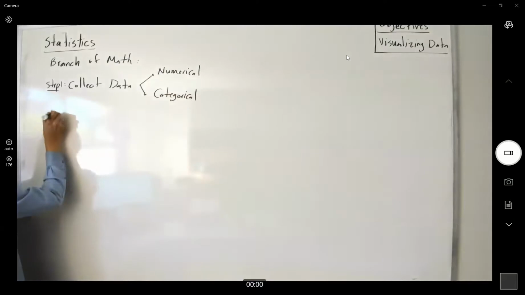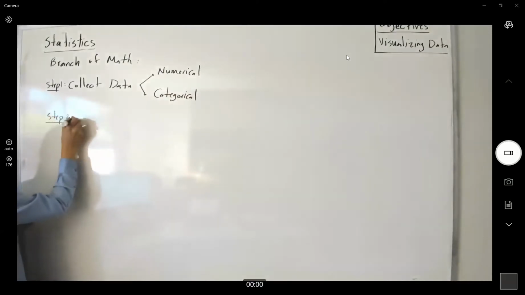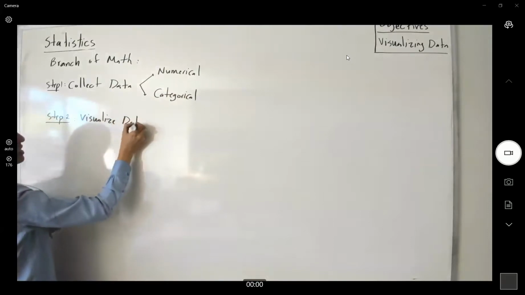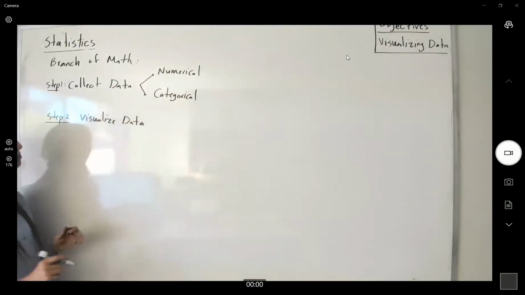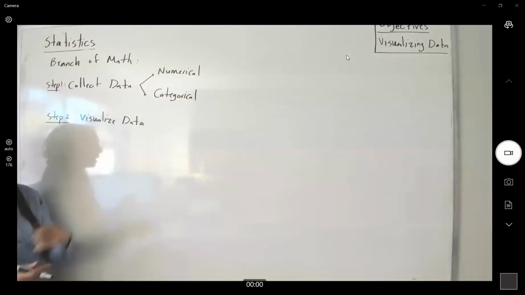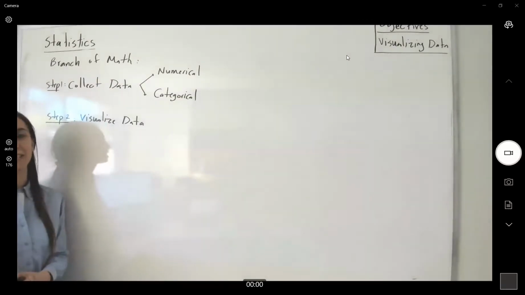In the next step, we're interested in visualizing the data. So this is step 2, visualizing the data. In chapter 2, we're going to talk about how to visualize the data.